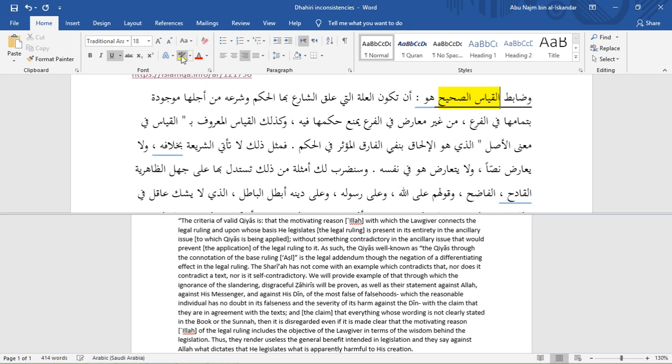This dabitu is going to be the mudaf, and then qiyasi is going to be mudaf ilayh, and sahihi is going to be modifying this. So it'll take the same i'rab. It'll have a kasra on the end here, just like qiyasi.